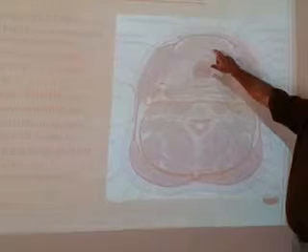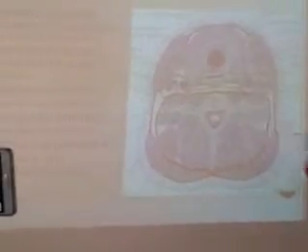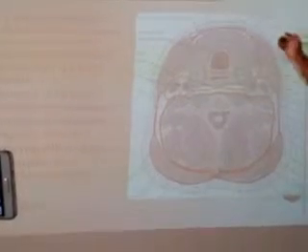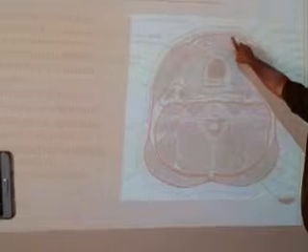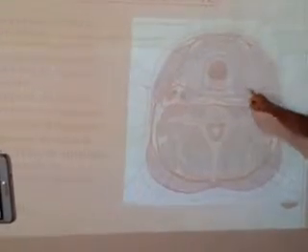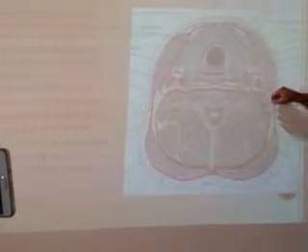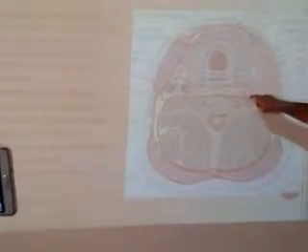The anterolateral surface is related with the sternothyroid and the sternohyoid muscles. Sternohyoid, sternothyroid, and this is the carotid sheath.